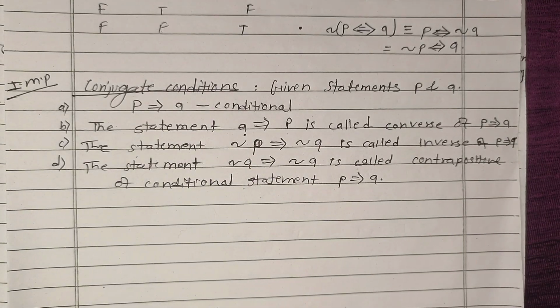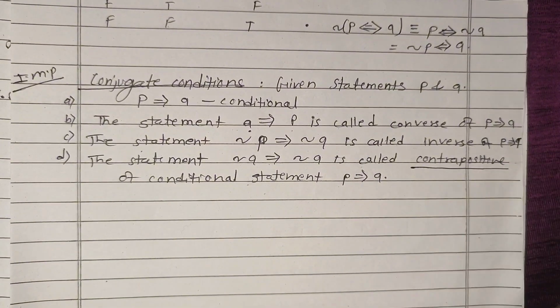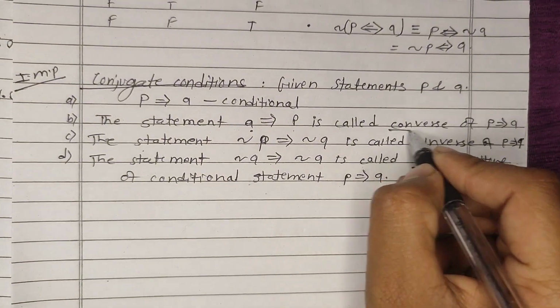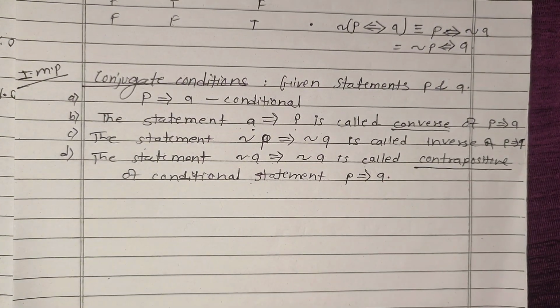These are our four conjugate conditionals. We need to know the contrapositive and converse well. This is most important in this topic.